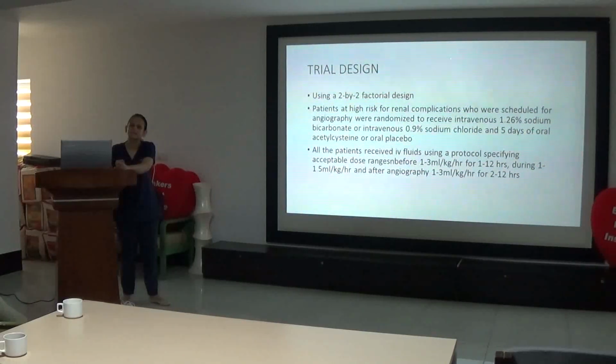So what amount of normal saline was given pre-procedure? 1 to 3 ml per kg per hour for all the patients, regardless of arm. The only difference is that the normal saline group did not receive soda bicarb.